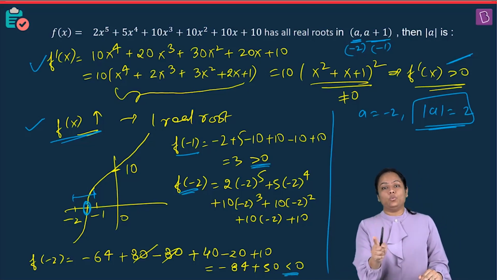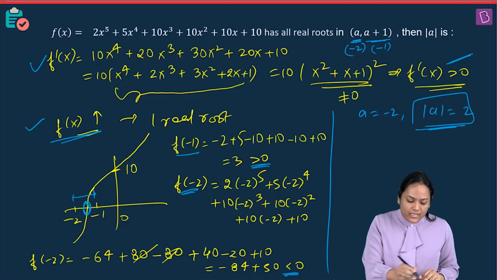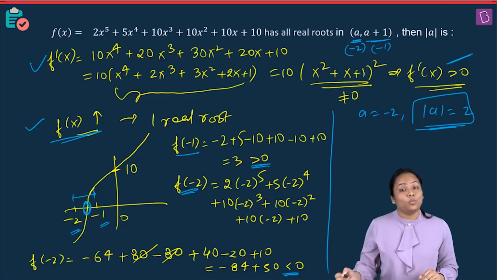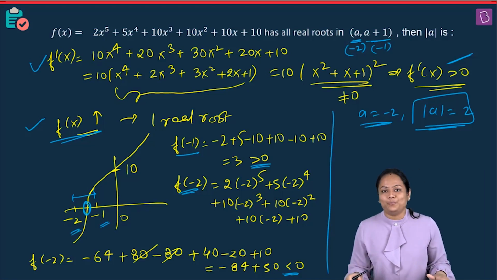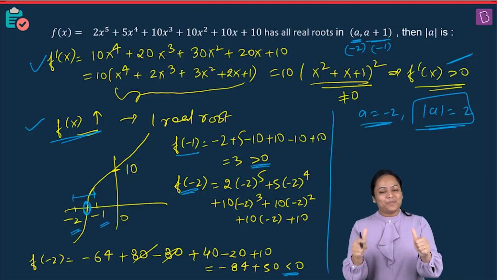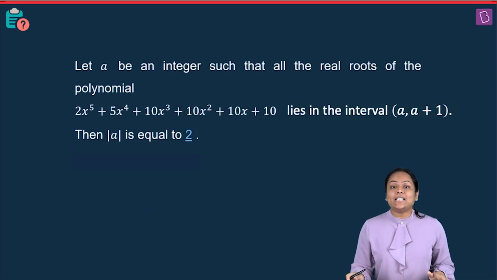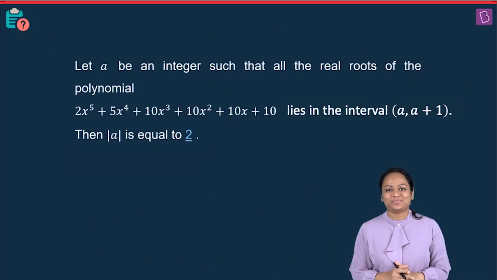So my one root, which will be real, will lie between -2 to -1, giving me the A value as -2. Understood? Perfect. So the answer is 2.